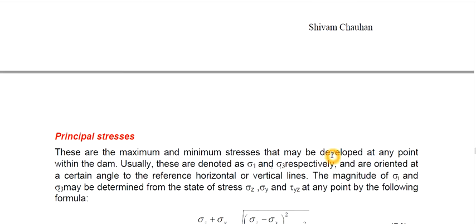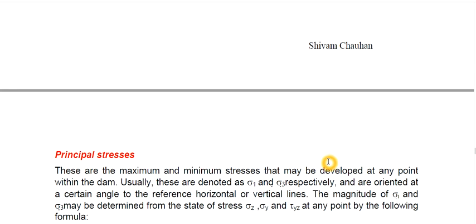Now let's talk about principal stresses. What are the principal stresses? Principal stresses are the maximum and minimum stresses that may be developed at any point within the body of a dam.